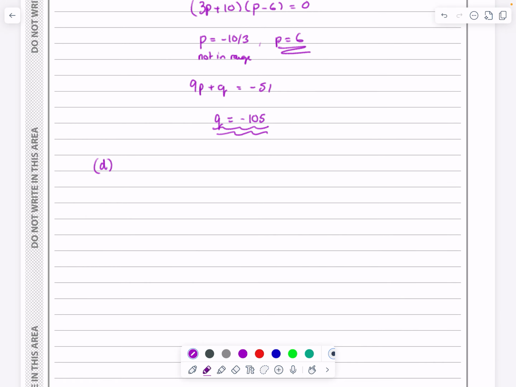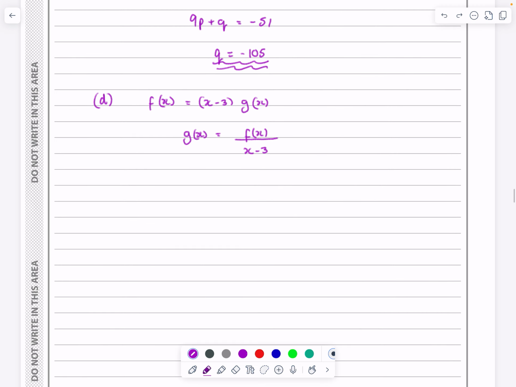We're saying if f(x) is equal to (x minus 3) times this function g(x), which is going to be a quadratic, then g(x) is going to be f(x) divided by x minus 3. That just comes down, doesn't it? So if g(x) is f(x) divided by x minus 3, that's all I need to find. And in finding that, I'm just going to do the algebraic long division, aren't I?